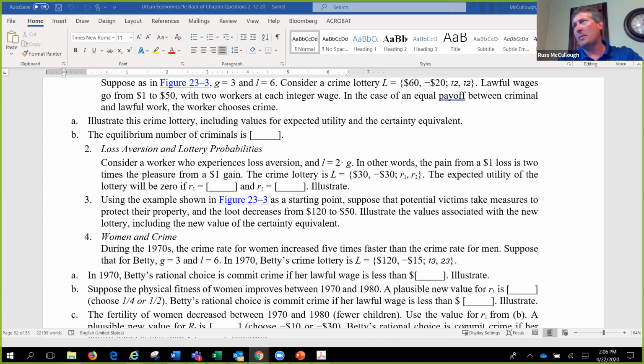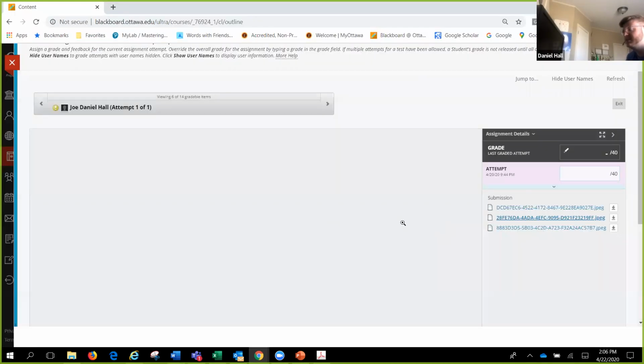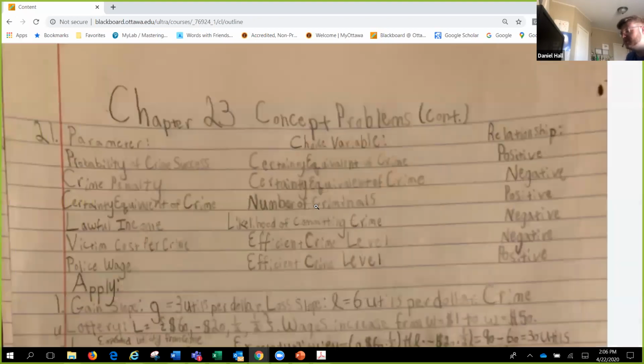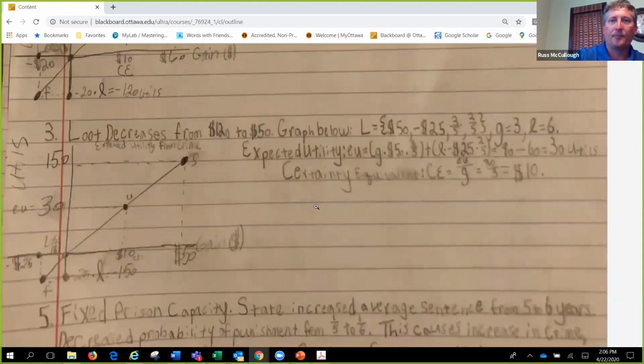What page is it on? Okay, it looks like it's on here. I had to submit it differently this time for my phone, so it might look a little weird. Hopefully it looks legible. There, this one? Yes, perfect.